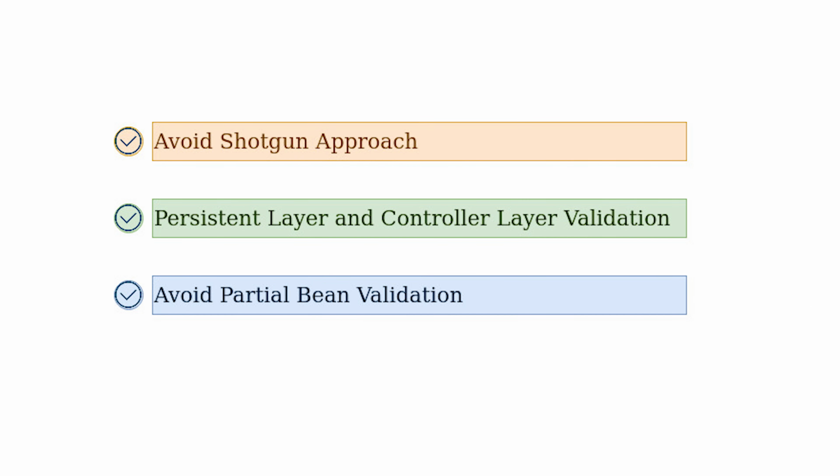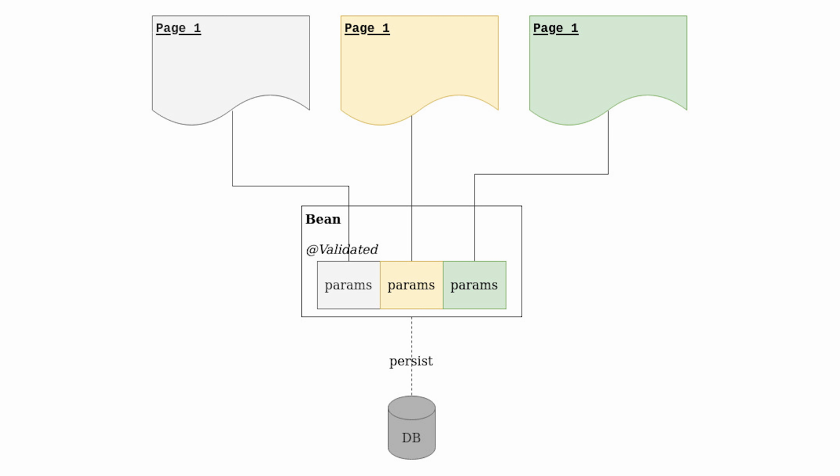Partial bean validation. In scenarios like a wizard, where you break the input UI into multiple pages, you can use group validation to validate different parts of the same bean based on some condition, but I'm not really a fan of this particular approach, since the implementation will get complicated as things get added on the pages, and the code would be less readable.